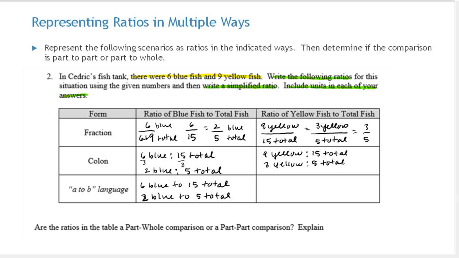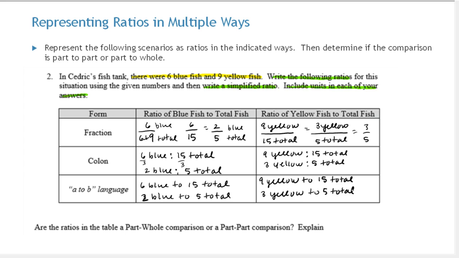Okay. And finally, in A to B language, we have 9 yellow to every 15 total fish, or equivalently 3 yellow to every 5 total fish.